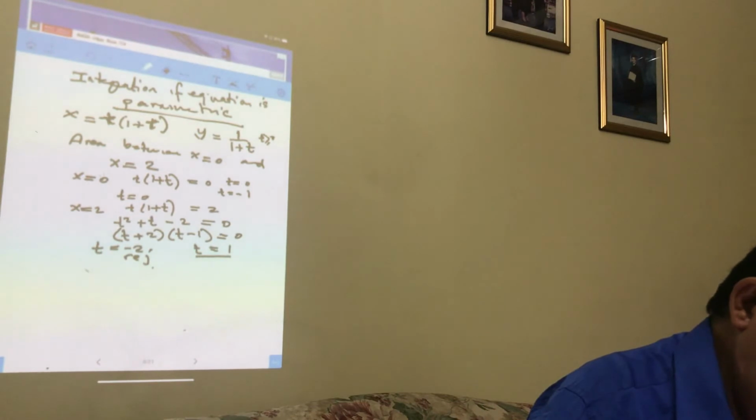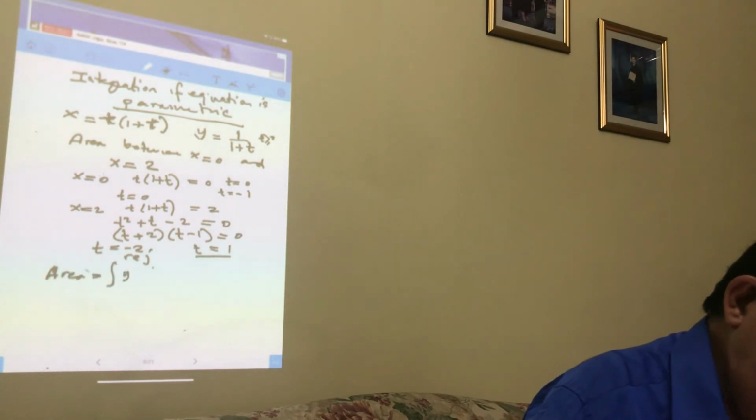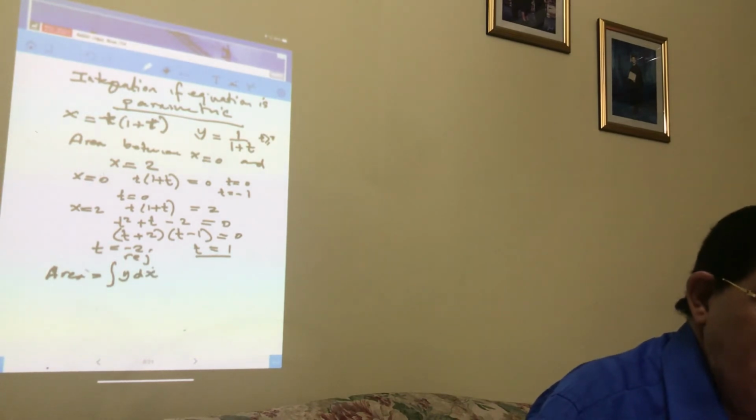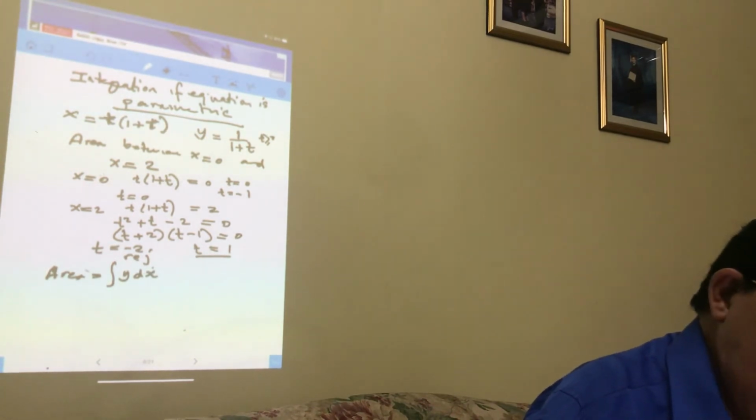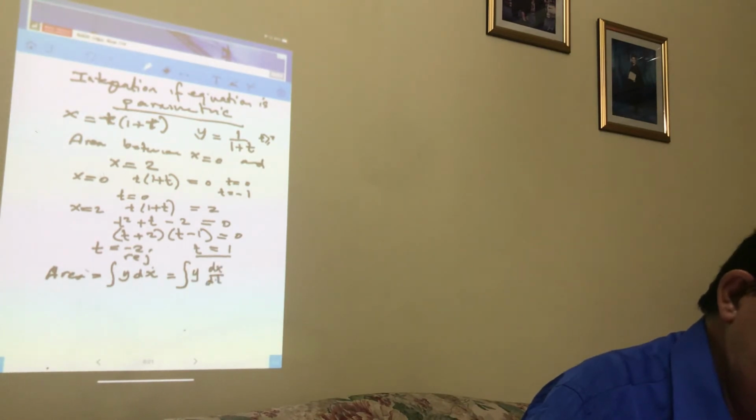Now we say this. What is the area? Area equals the integration of y dx. But the problem is that y is not in terms of x. Therefore, we're going to make a trick. We're going to say y dx by dt dt.